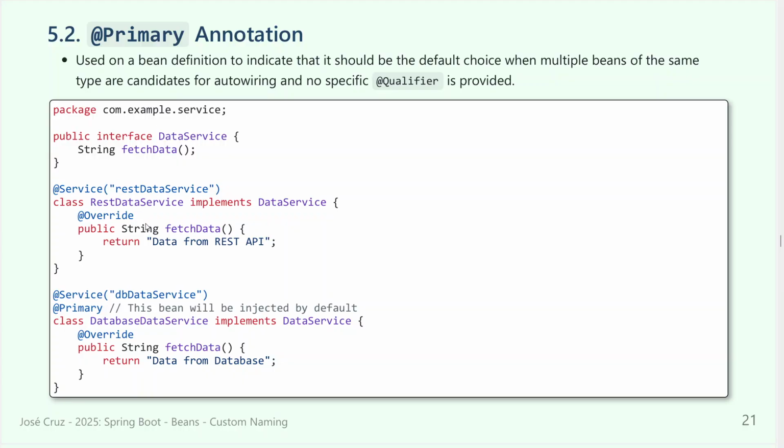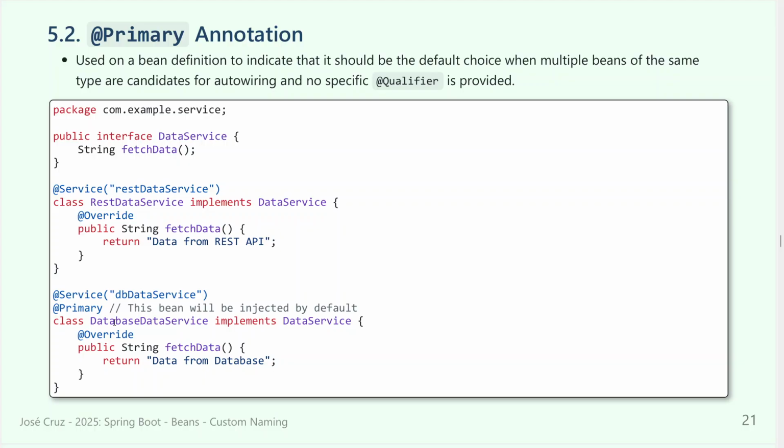This is a great use case when you are migrating some code, but you don't want to break things as is, meaning that the beans that are working stay, and you are adding additional beans. Imagine that the first bean that you created in an older application was this database data service, and now in some scenarios you want this REST data service. So you mark the old one as primary. It assures that your application will work, because there will not be ambiguity.